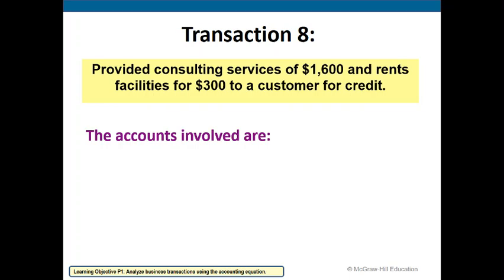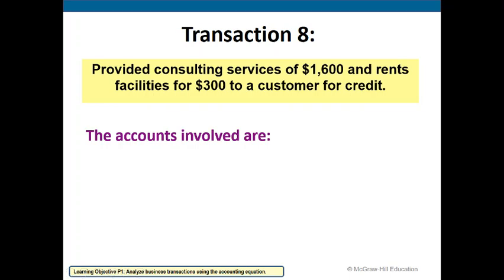Well, we earn it here. So we're going to recognize revenue of $1,600 on the consulting services and on rental revenue, I guess, is what we would call that.